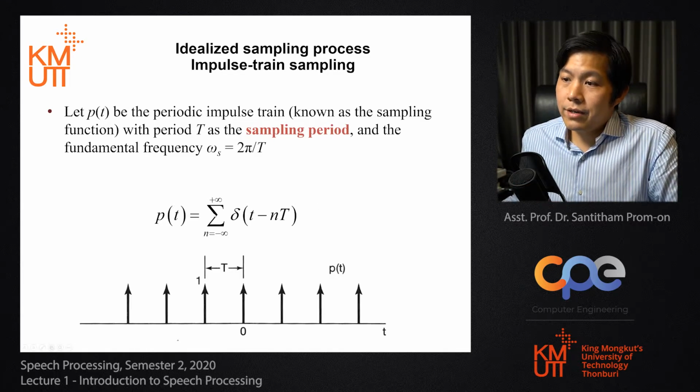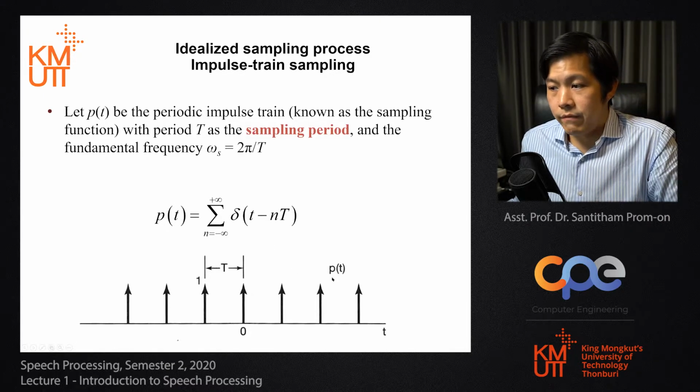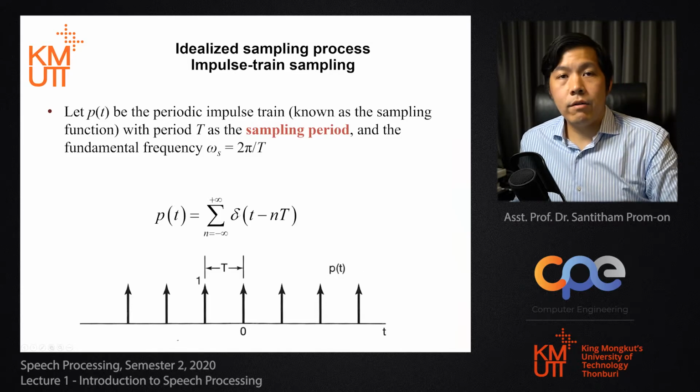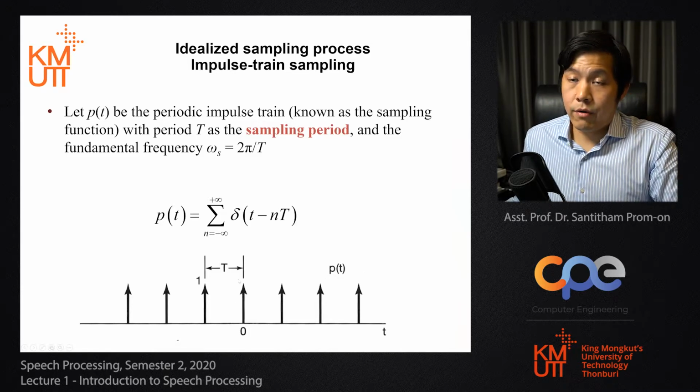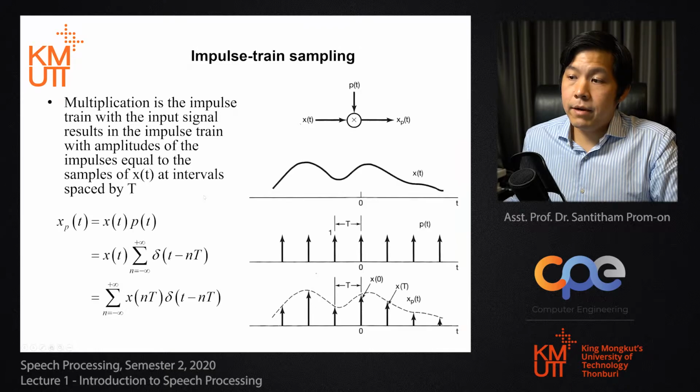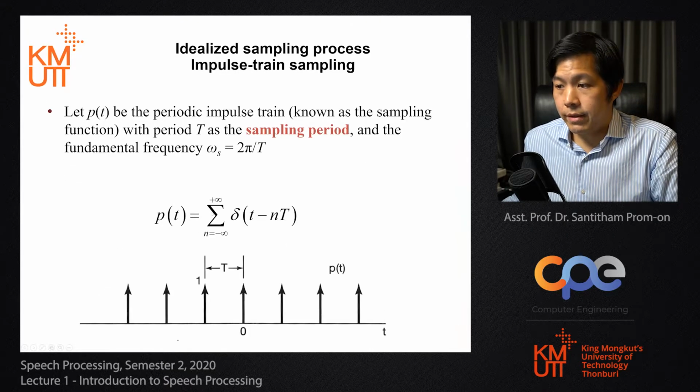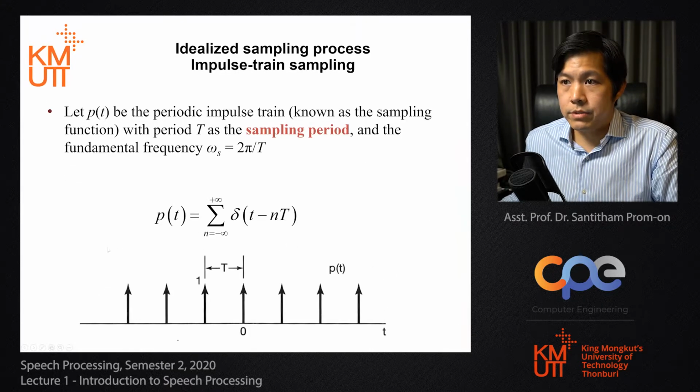So here, the impulse train means that we have delta(t - nT), which represents a train of impulses that are T apart. If we have n equal to 0, 1, 2, 3, one delta means one arrow here, and we combine a number of them together. Then we have a train of impulses, this p(t).